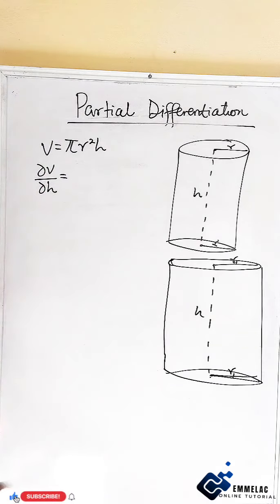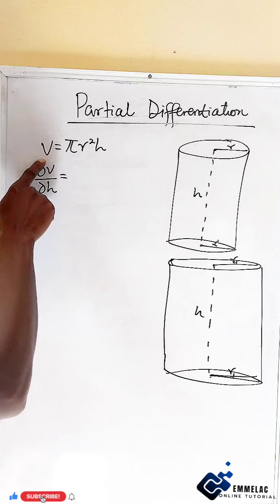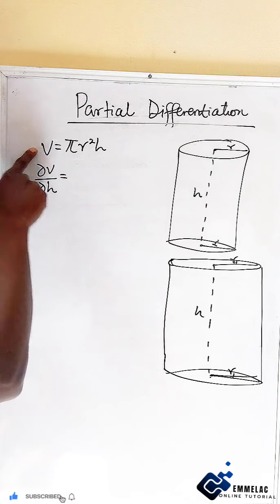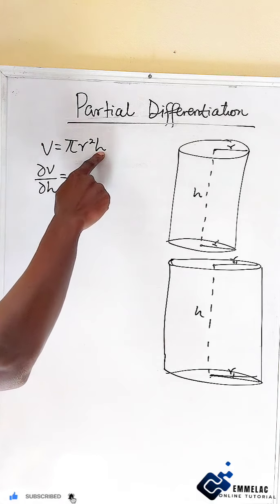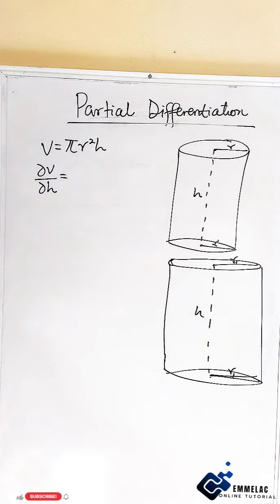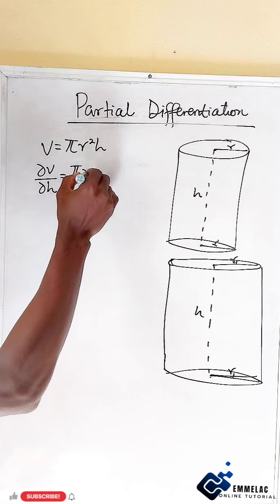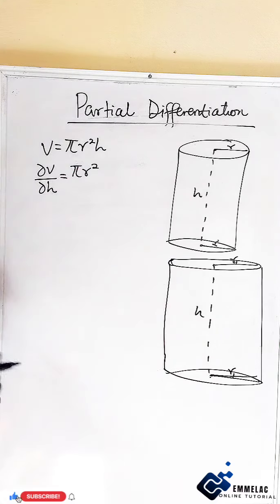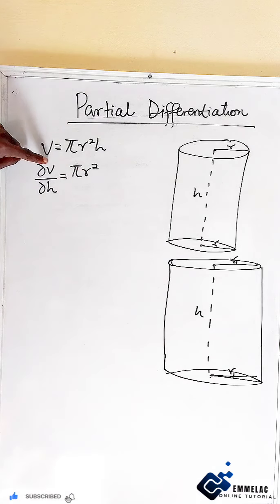Constant. Now if I differentiate v with respect to h, h here will become 1, so here we have pi r squared.